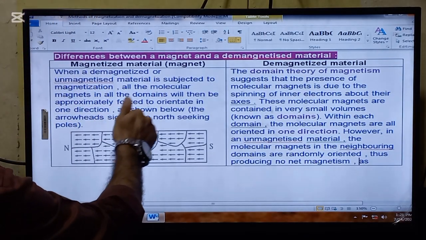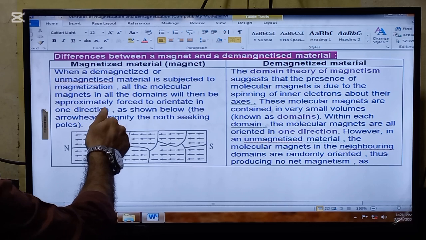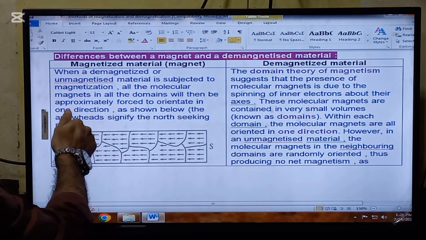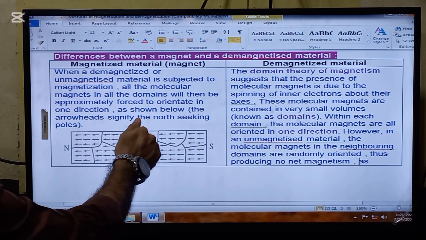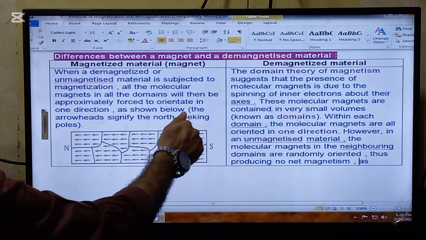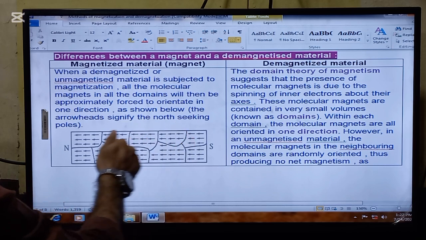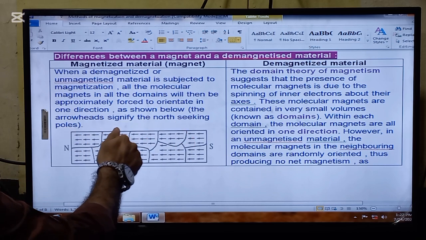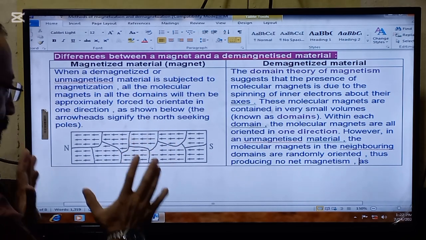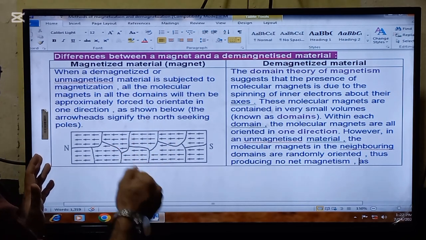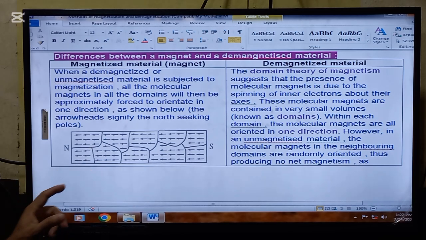When a magnetized or unmagnetized material is subjected to magnetization, all the molecular magnets in all the domains will be approximately forced to orientate in one direction, as shown below. The arrowheads signify the north-seeking poles. So when an object gets magnetized, it is aligned.